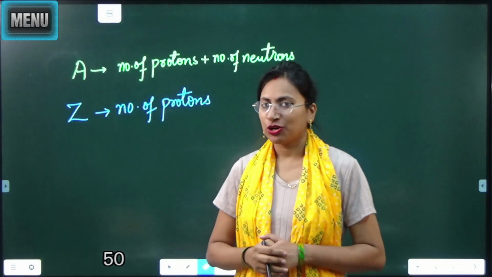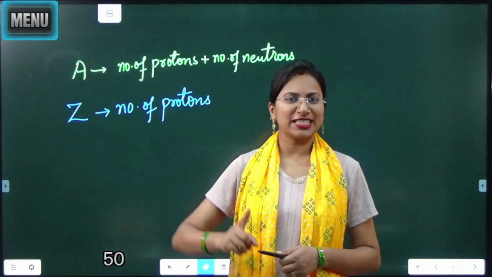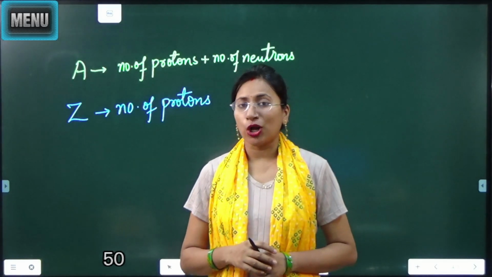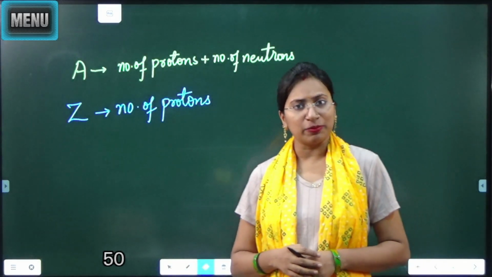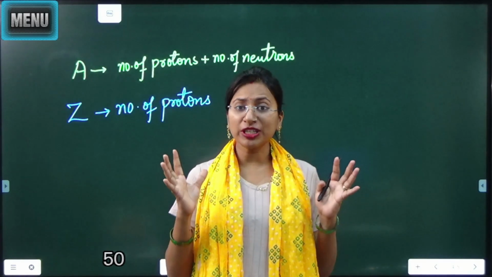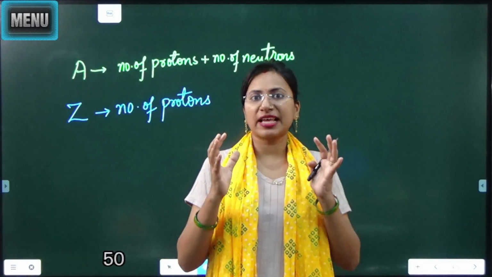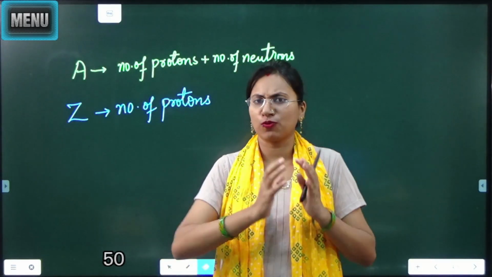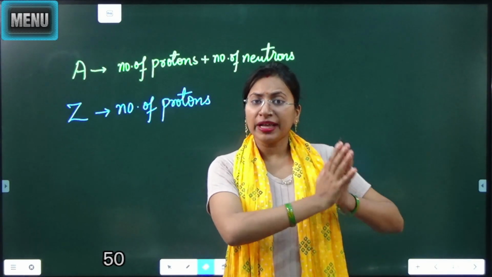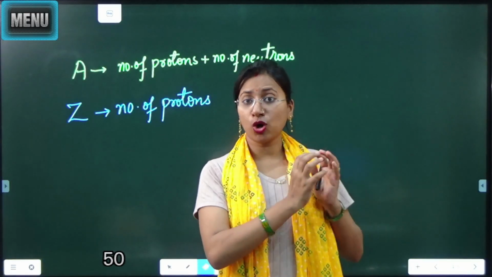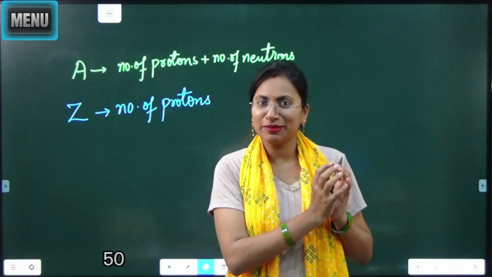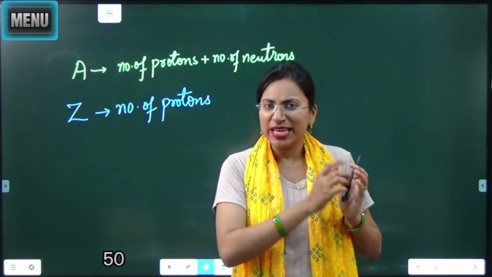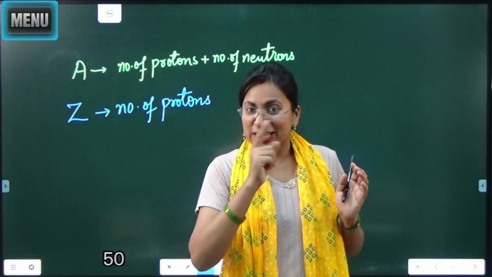One more thing is there. Can you recall what is the term used for the total number of neutrons and protons together? It has already been discussed in the previous video. It is known as nucleons.